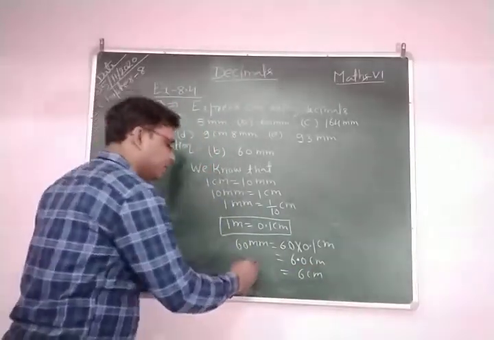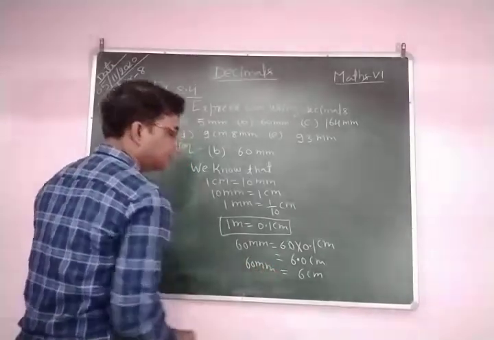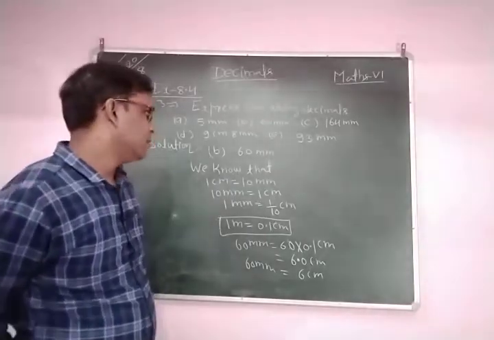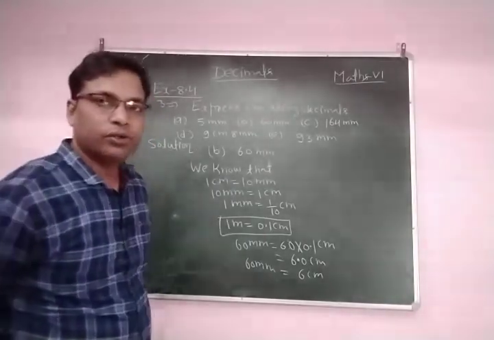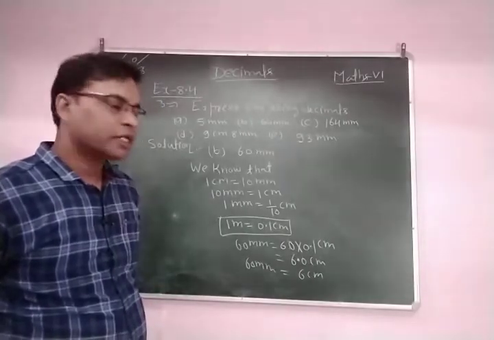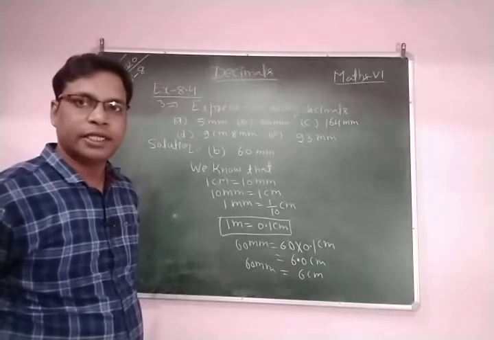So this given 60 millimeters is equal to 6 centimeters, because you know very well 1 centimeter is equal to 10 millimeters, or similarly 10 millimeters is equal to 1 centimeter. Clear?